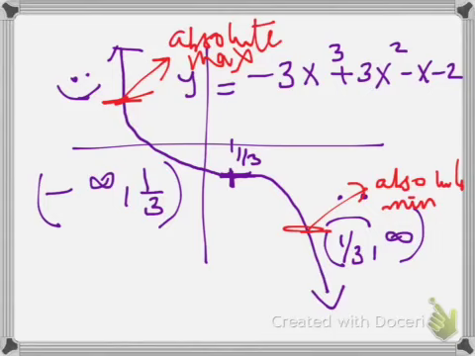Okay, so let's do an application problem. Suppose there is a farmer, and there is a river right here. He wants to enclose a rectangular field, with one side along the river.